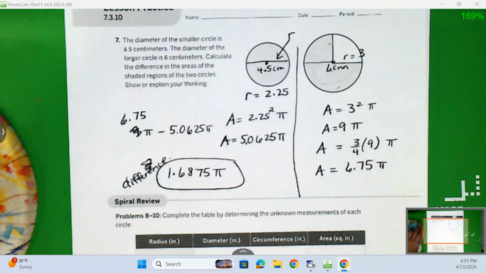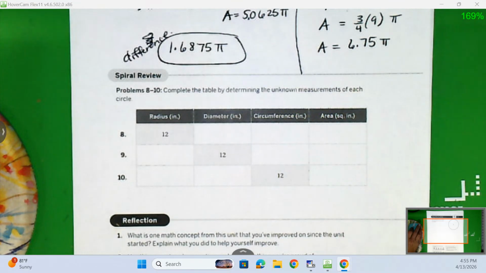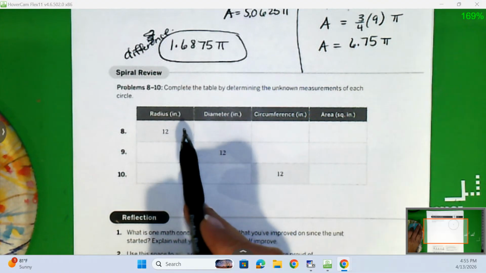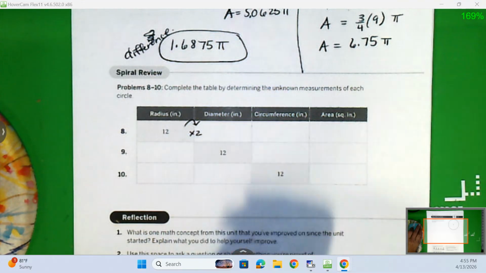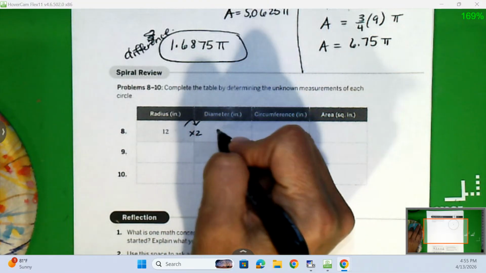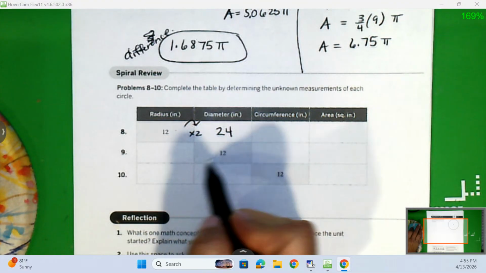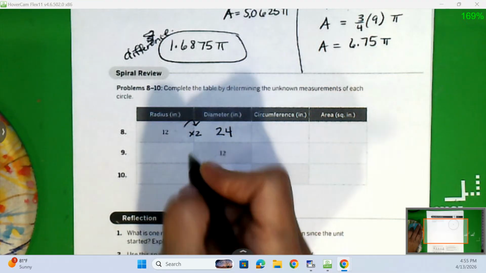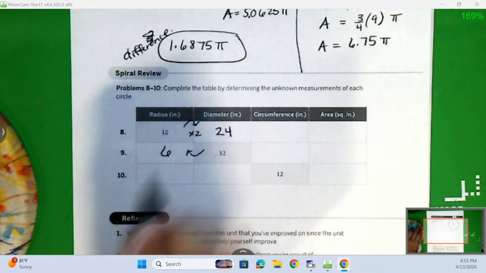Okay, down below we have a spiral review. I think it's a good review for our unit test coming up, so let's do that one as well. If we have the radius to diameter relationship is times 2. So 12 times 2 would make the diameter 24 inches. If we're working backwards here and the diameter is 12, well, that means that the radius is 6.